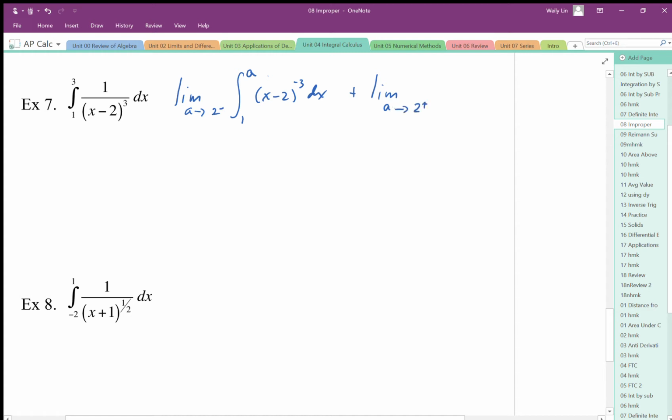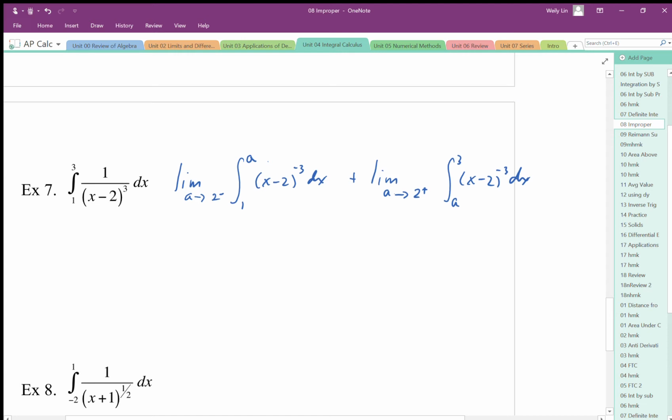So on the other side of the asymptote, we're going to start at a, or 2, and integrate to 3. I'm just going to write this as a negative power so that I can integrate this a little bit easier. And there it is. These are one-sided limits because we are going to those asymptotes from that side.